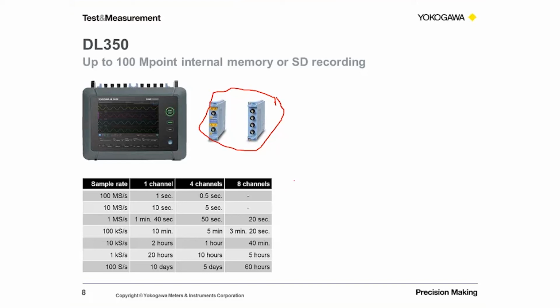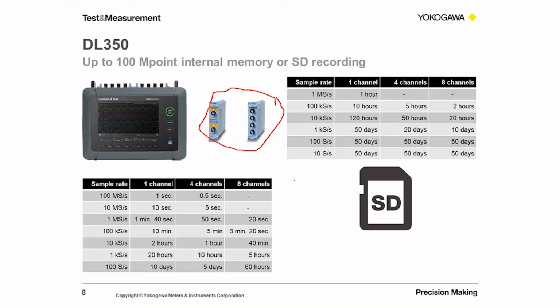So what this means in practice, if you have very, very long duration tests, durability testing, when you're sampling as low as 1 kilosample per second, we can save 1 channel for 50 days. Or if you're going to sample a little slower, we can do that down to 50 days.